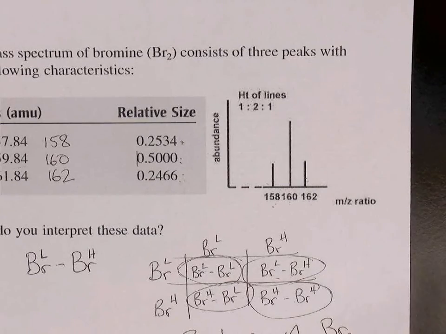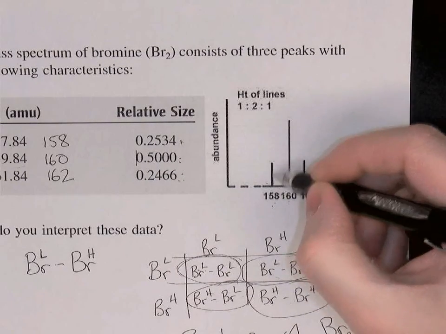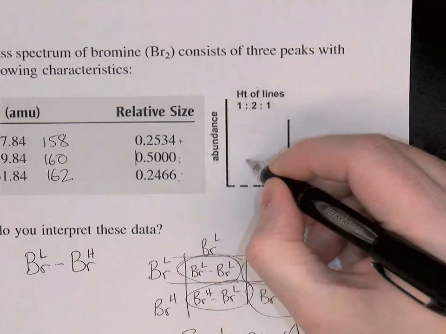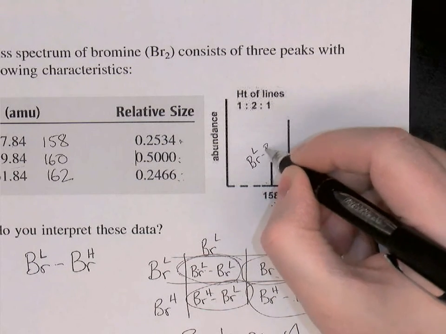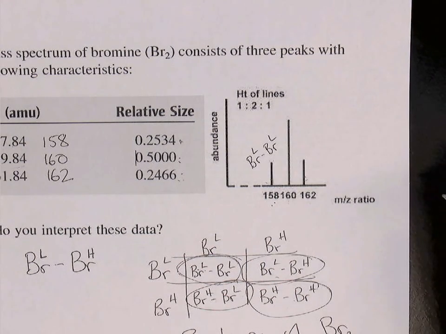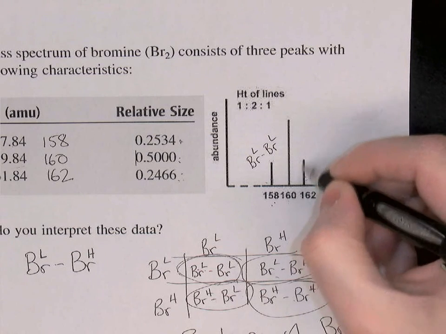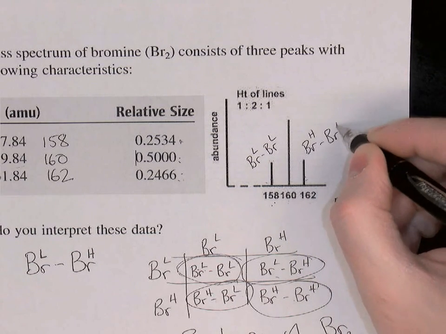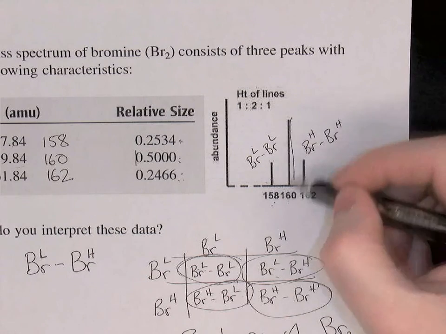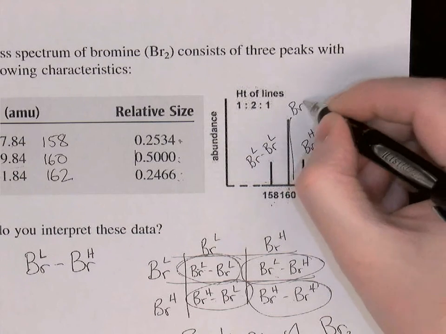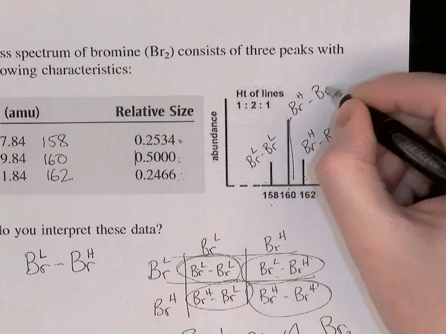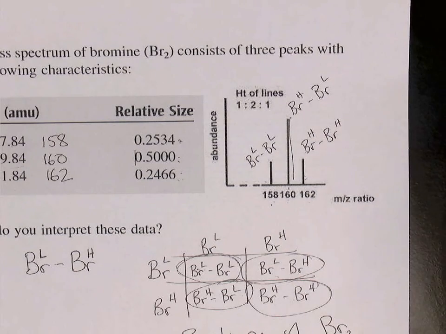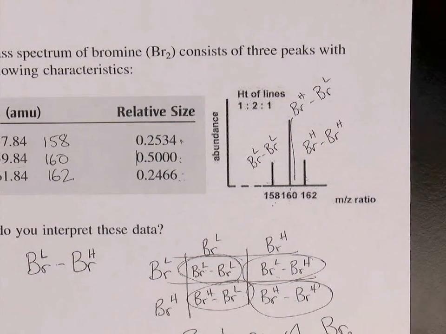So looking back at the spectrum, the lightest peak must be the 2 light isotopes of bromine. The heaviest peak must be the 2 heavier bromine atoms, and the one in the middle must be the heavy one with the light one attached. So that's pretty cool, that makes sense.